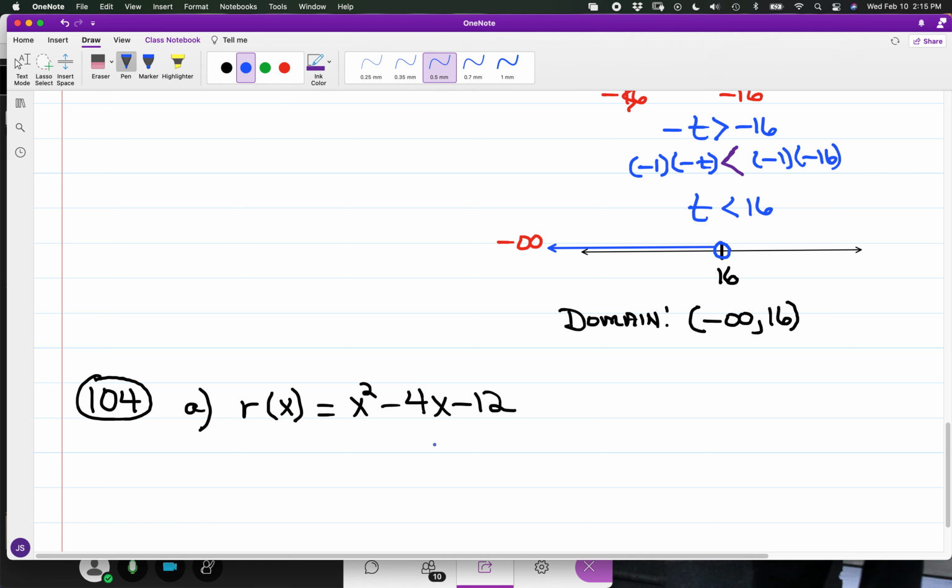So in this particular situation there are no restrictions on x. And because of this, the domain is going to be the set of all real numbers.